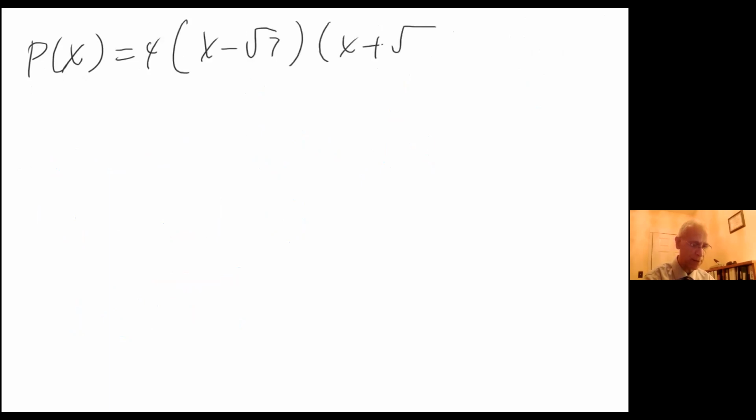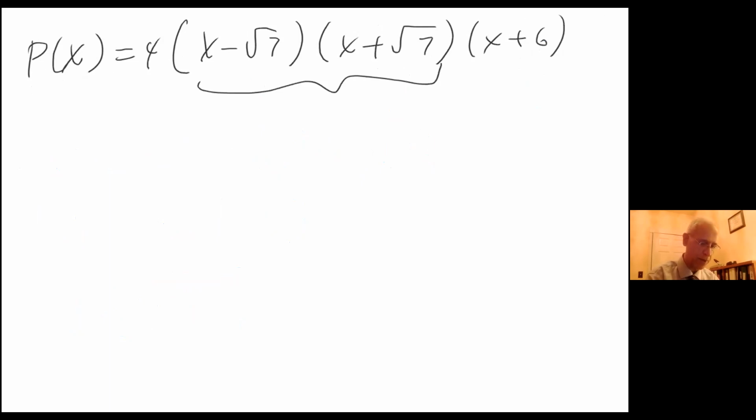Going to the next page, I'm going to say that p of x equals 4 times x minus root 7, x plus root 7, x plus 6. And the direction was to multiply this out. So first I'm going to start with these two, which is the difference of two squares.